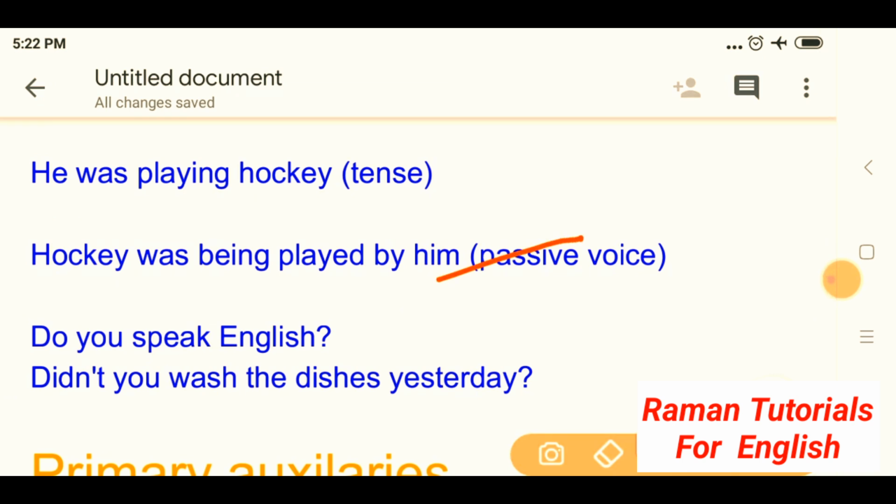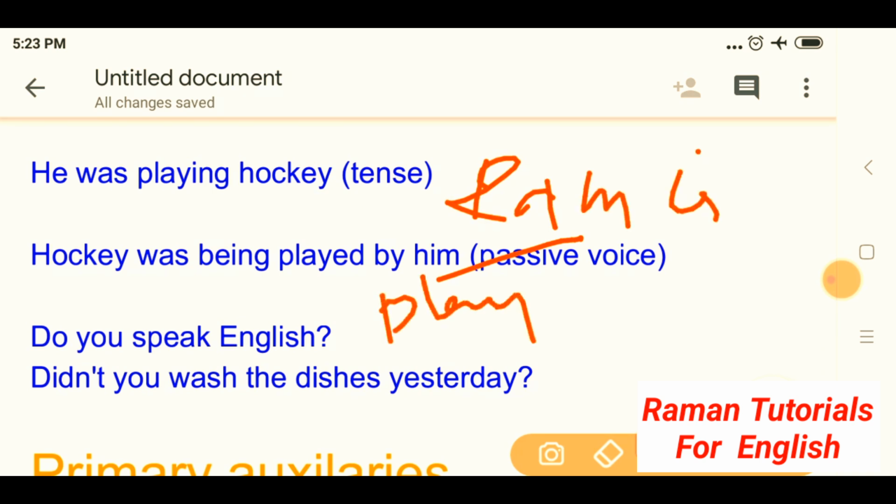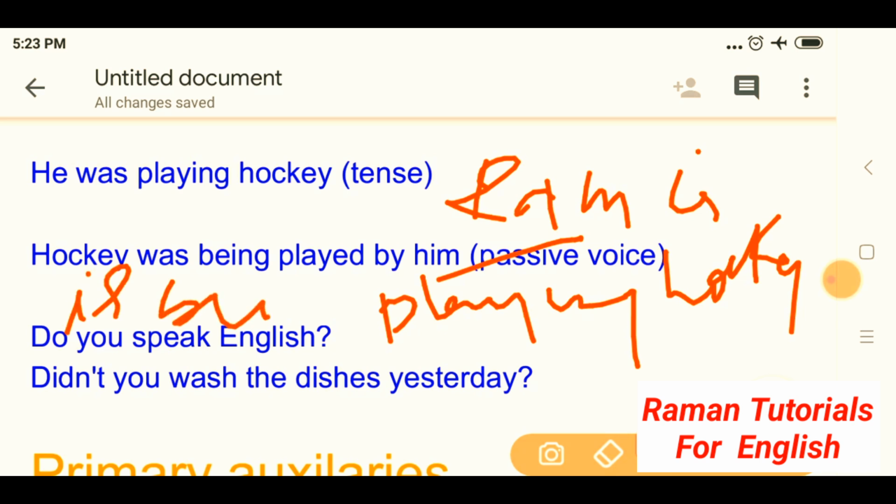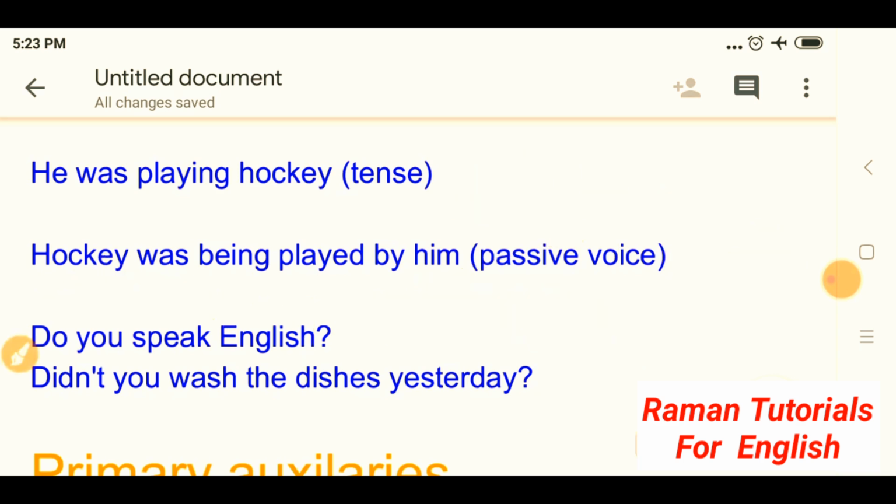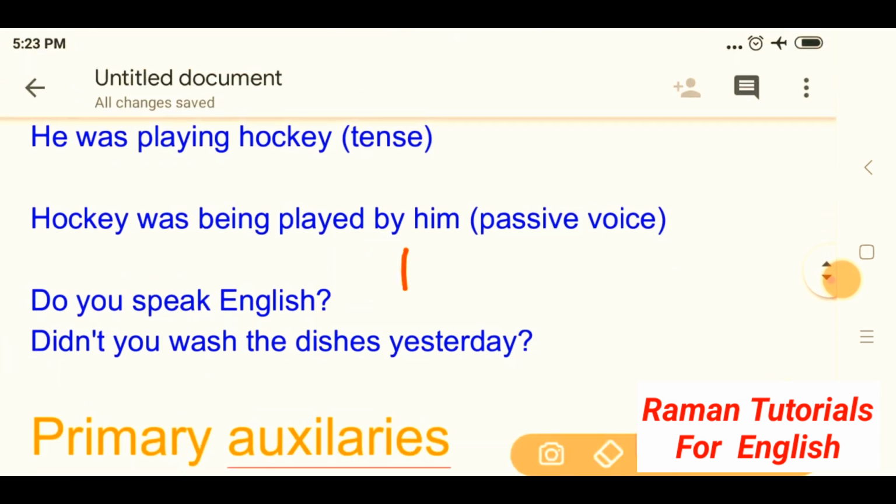Auxiliary verbs help to change active voice into passive voice. For example, Ram is playing hockey. How will you change it? You use Ram is being, hockey is being played by Ram.